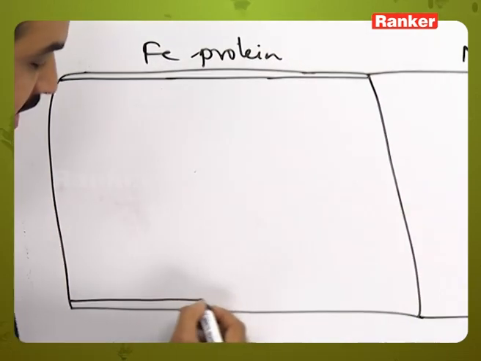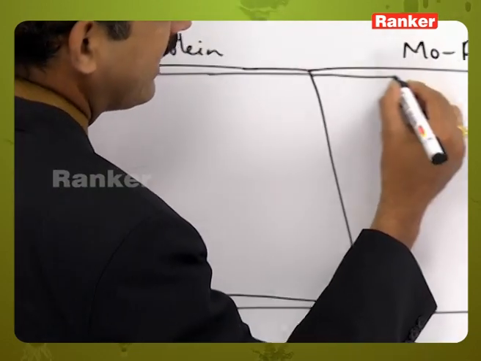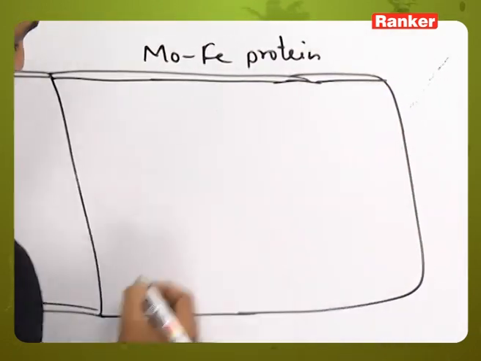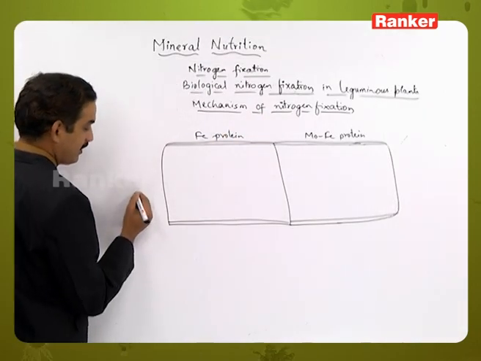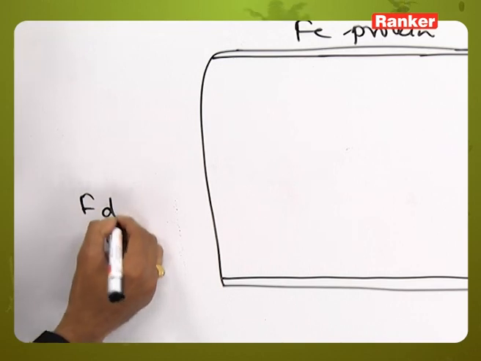That energy, ATP, is taken by the ferredoxin molecule.